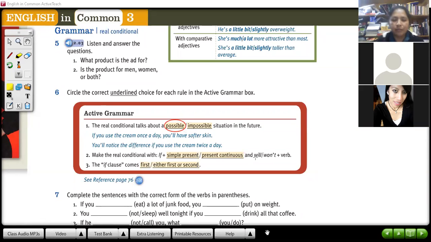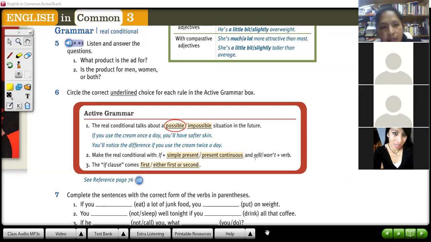Now read again, Edgar. What number, teacher? Number one, what we solved. The real conditional talks about a possible situation in the future. Thank you, Edgar.